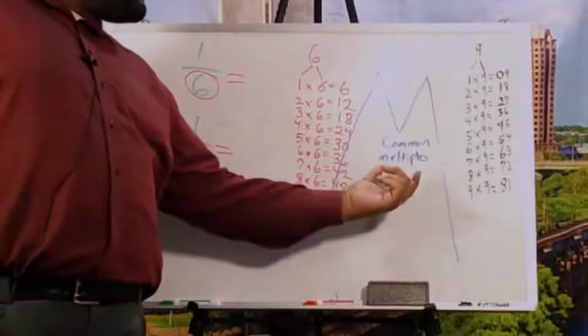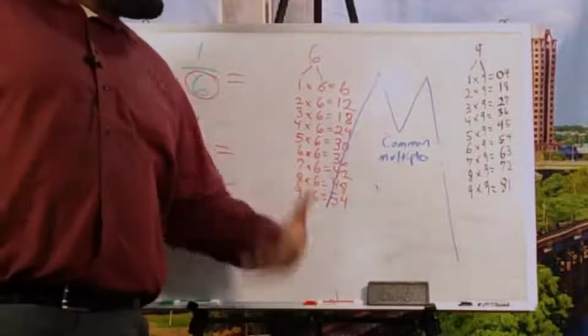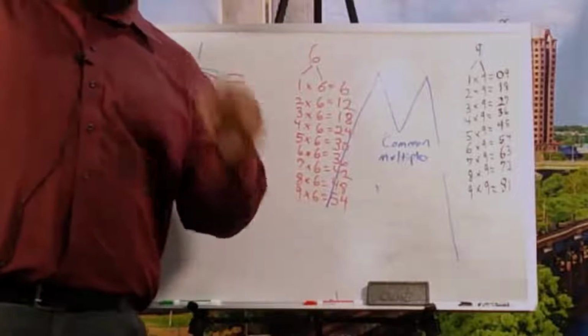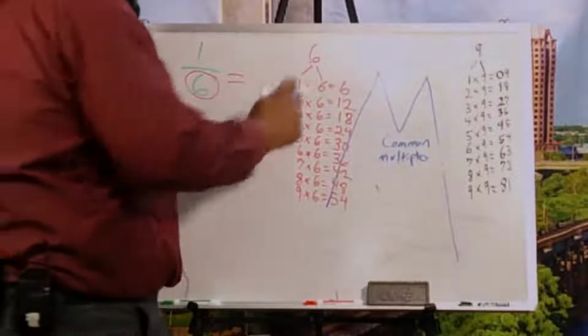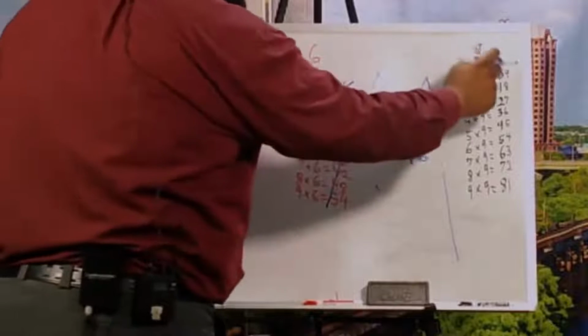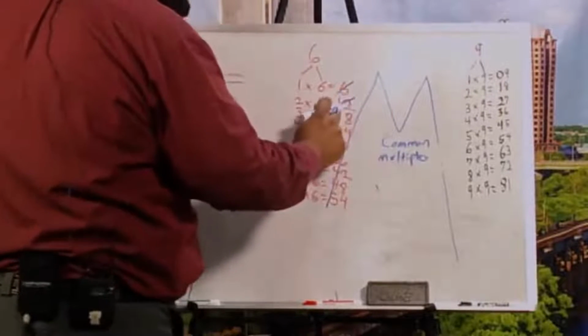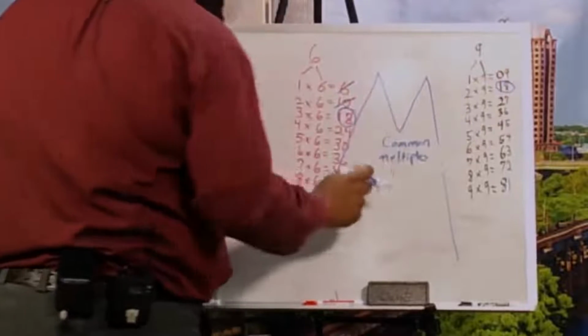Okay, so we want what are the common answers? What are the common products? The product is the answer to a multiplication fact. So let's look and see here. Is there a 6 over here? No. Is there a 12 over here? No. Is there an 18 over here? Yes. That's a common multiple.